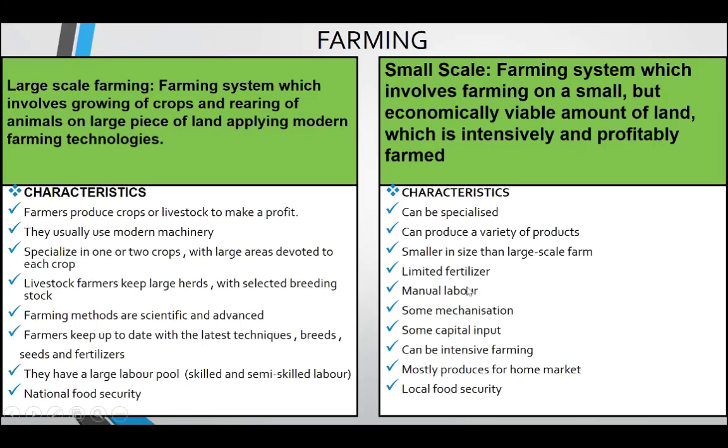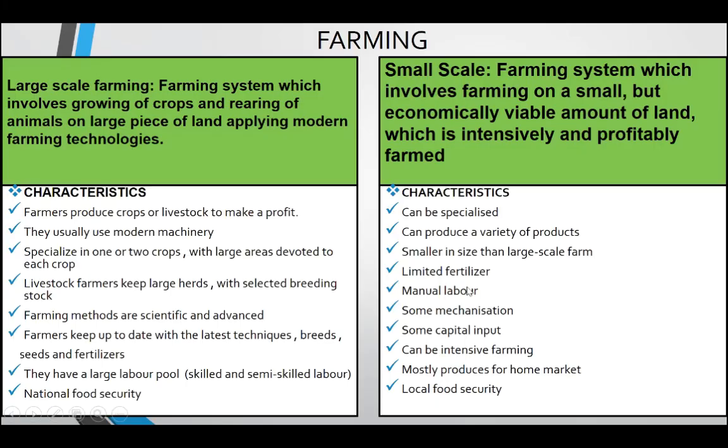Large-scale farming has a large labor pool. Because it covers a large area, it requires many people to work on it. Small scale farming can produce a variety of products, so it's usually mixed farming. You can keep livestock together with crops, and different kinds of livestock. You can have Brahman mixed with Bonsmara and Simmentaler.